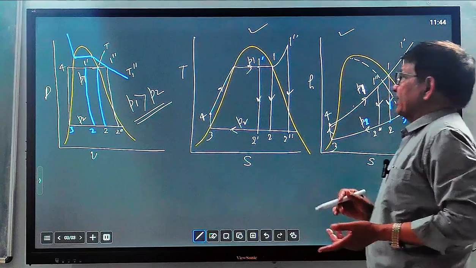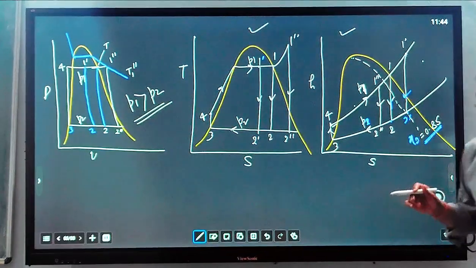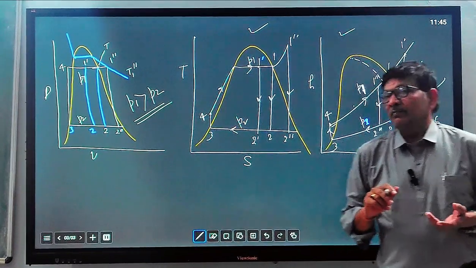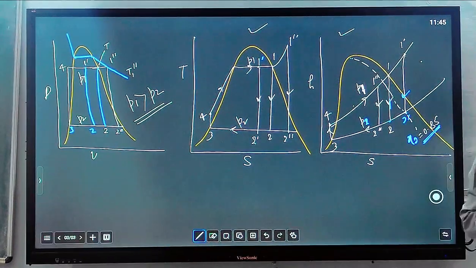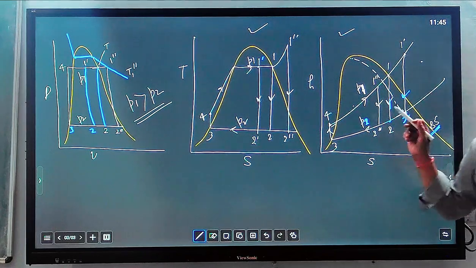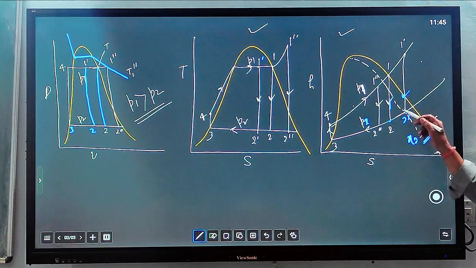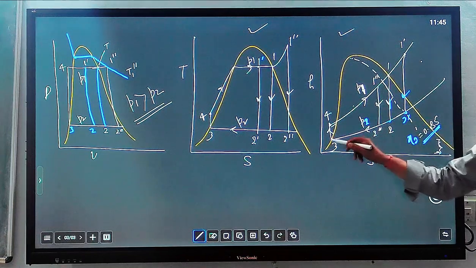So any one cycle you can take, but this cycle every student must know how to draw on the TF diagram and HS diagram and how to interpret each point. This is a saturation state, this is a superheated state, this is the expansion, after which steam will enter the condenser, and from here to here it is the condenser process.